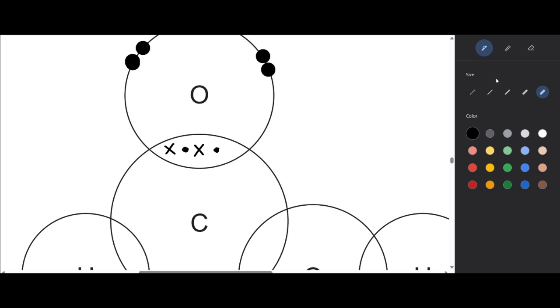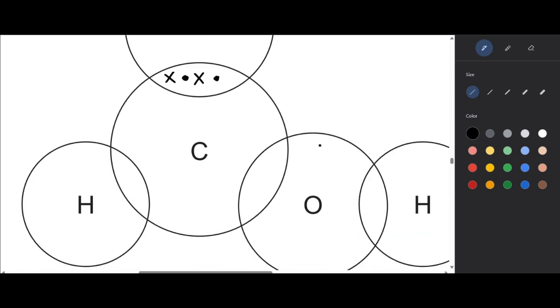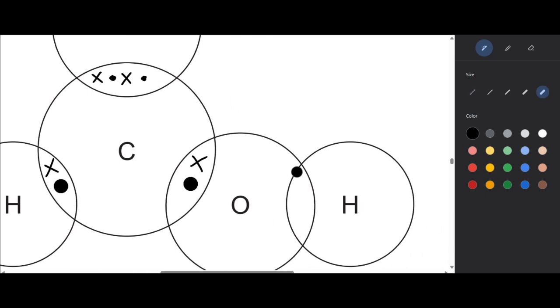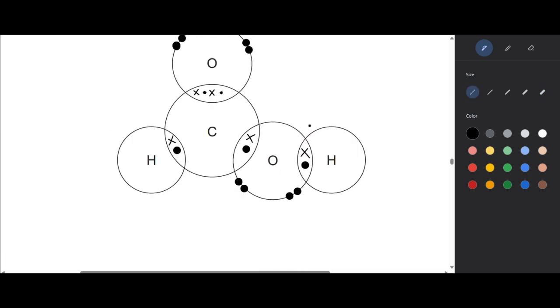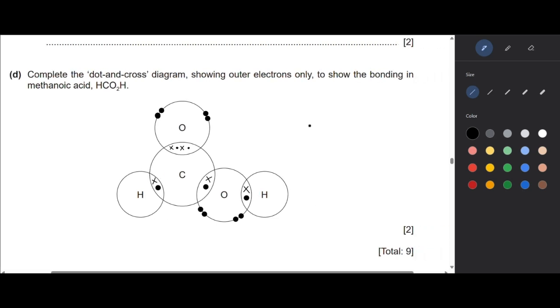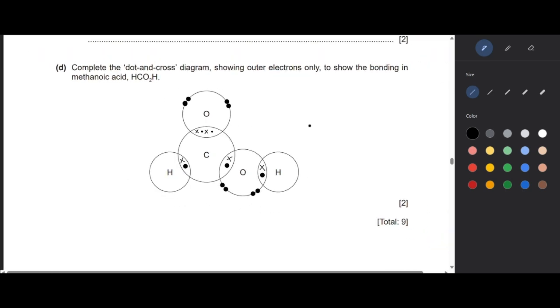And also there's a bonding here. There's a bonding here. And the O has 6, so it has 2 more in here. And also there's a bonding here. So this is how the methanoic acid bonding is.